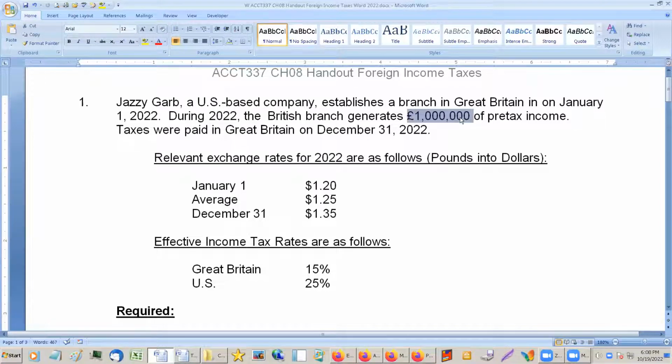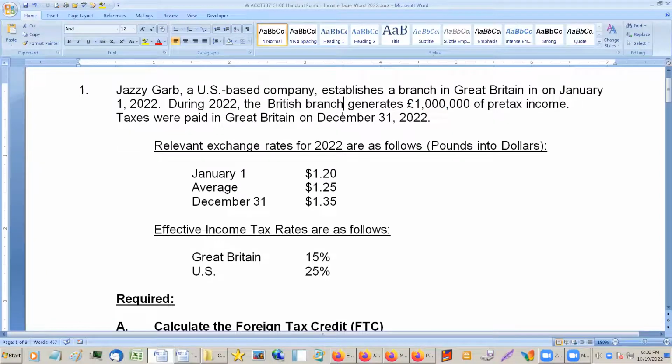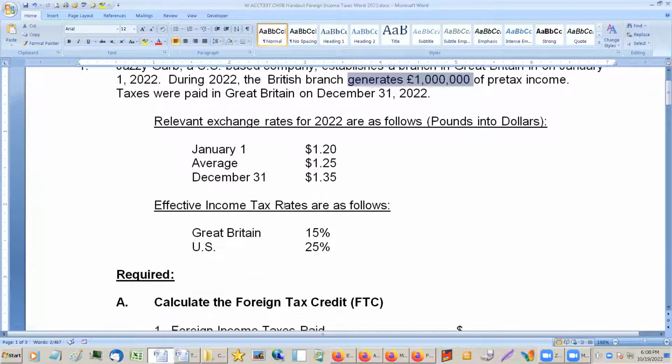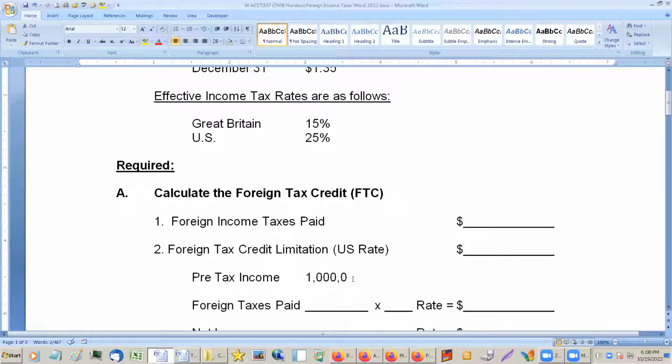Okay, the inverse branch generates £1 million of pre-tax income. So coming down here, we're going to put in the 1 million. Pre-tax income is £1 million. Nice, but pounds.